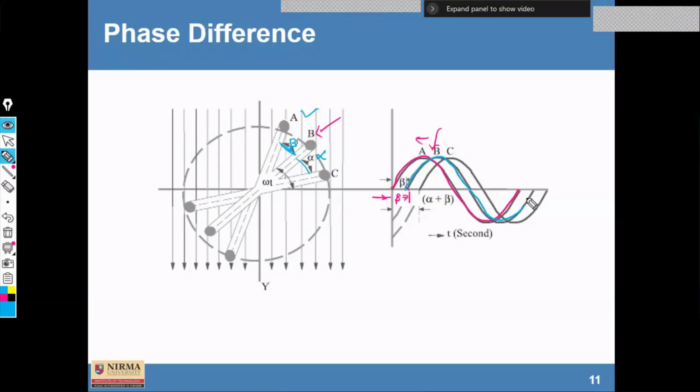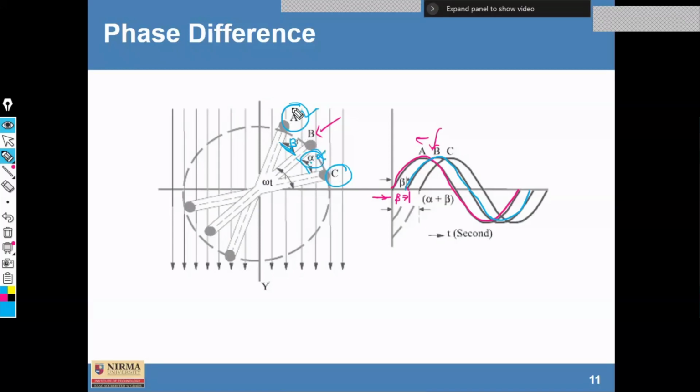Same way because their maximum value is same here. Okay. And if we want to represent the quantity C with respect to A, then the angle is alpha plus beta. But if you want to represent with respect to B, then the difference of these two is alpha here. Fine.